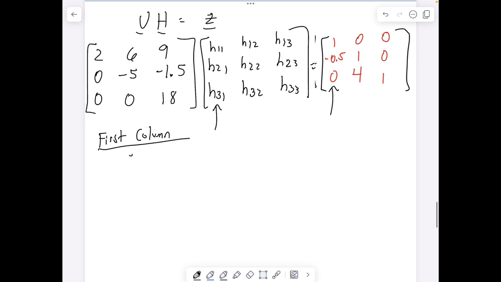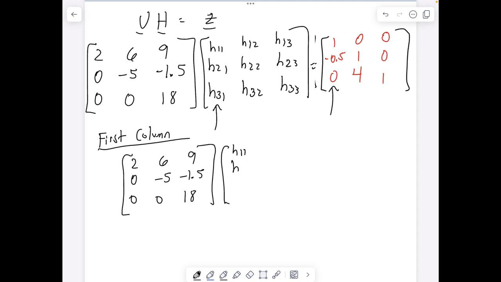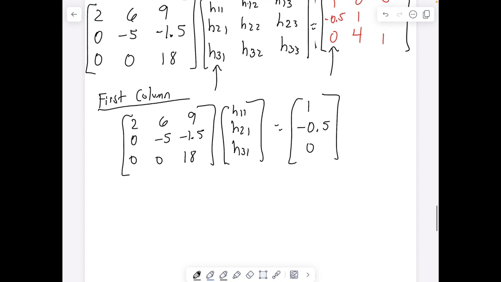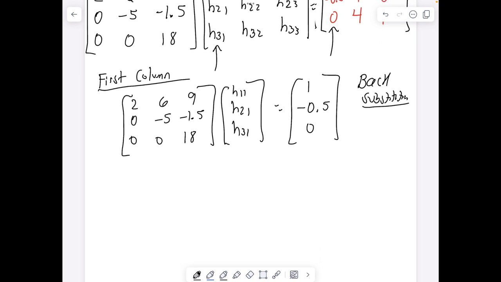We'll take U, and we'll multiply that by the first column of H. And that better give me 1, negative 0.5, 0, which is my first column of Z. So now we'll do back substitution to find our inverse terms. What we see is that 18H13 is equal to 0. Well, that means that H13 is equal to 0.